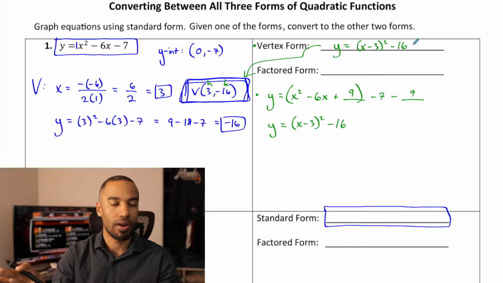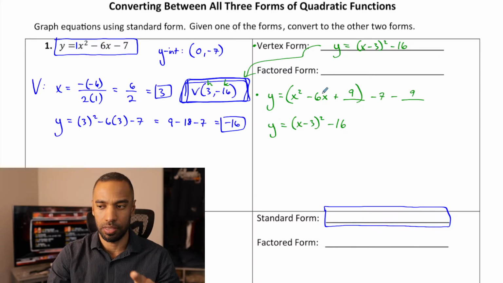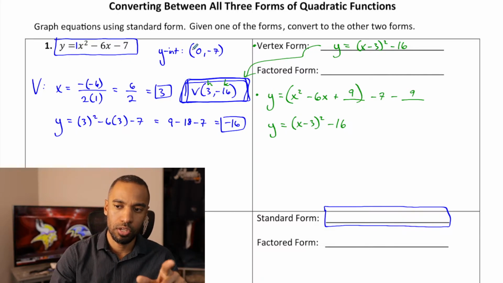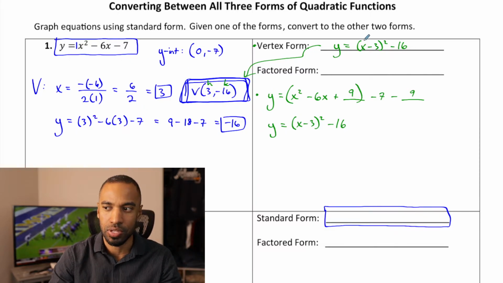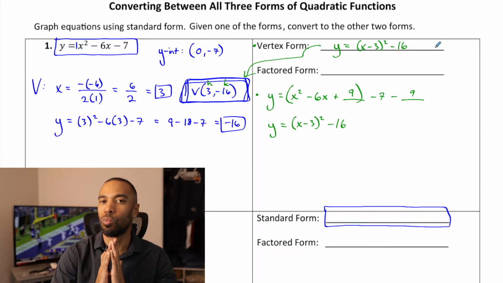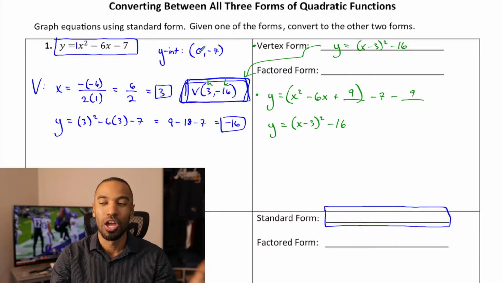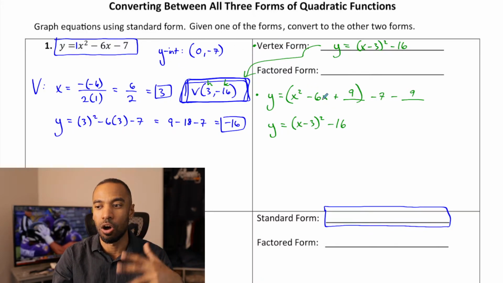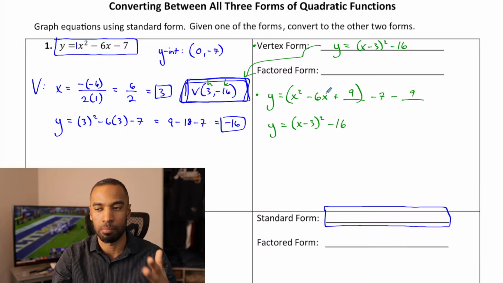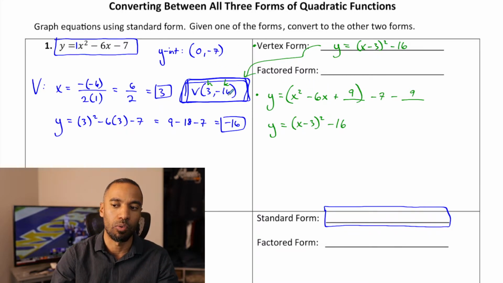So if you were ever asked to come up with the vertex of your quadratic equation that's written in standard form, you can either complete the square or use negative b over 2a to get your values and then plug them into your x minus h squared plus k scenario. Either works, but for what we're doing, we're going to do it 6 times, we're confirming that we can also convert to vertex form by completing the square and trust that our negative b over 2a was correct.